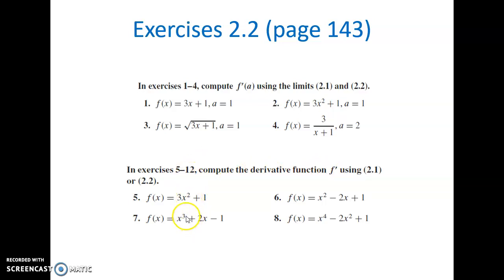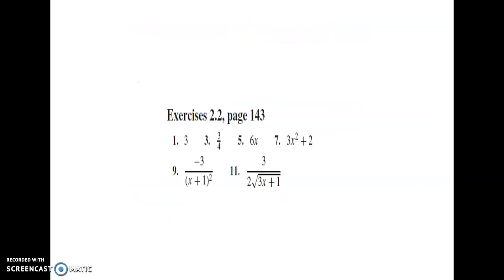Look at it. Here we are finding the derivative at all points. This is the derivative at one particular point. So I will do one example each from 1 to 4 and 5 to 8 in the live class.